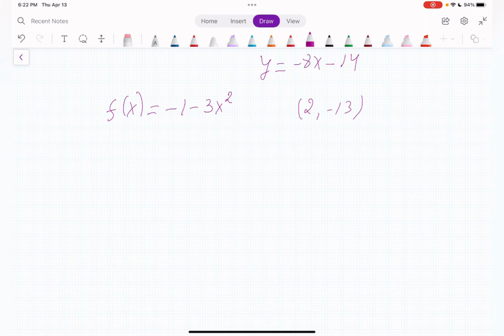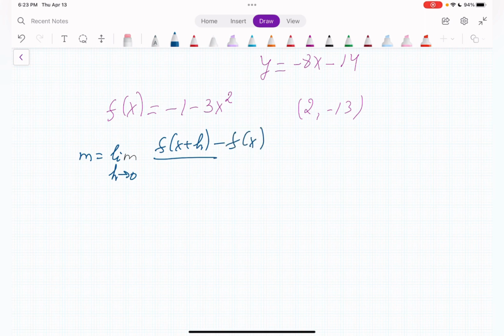So let's start working real quick. We know m is going to be equal to the limit as h approaches 0 of f of x plus h minus f of x, over x plus h minus x.